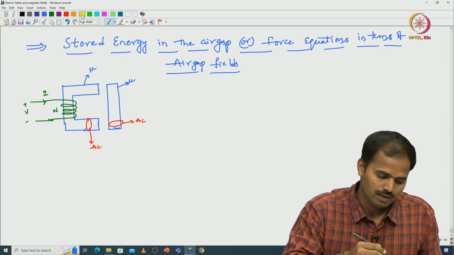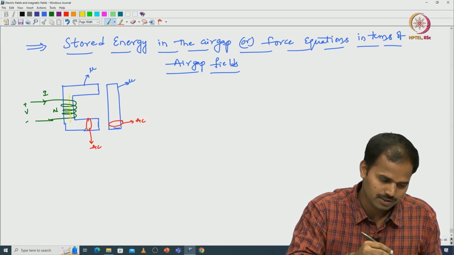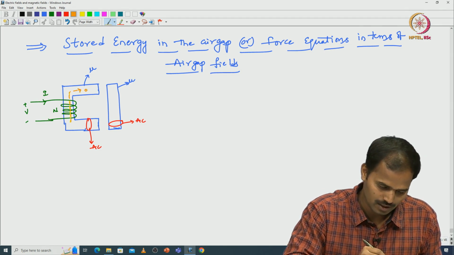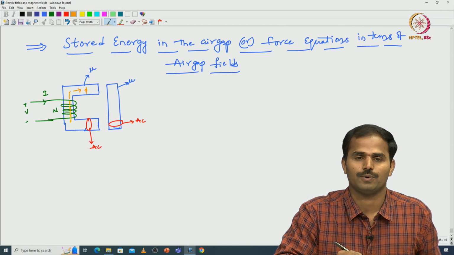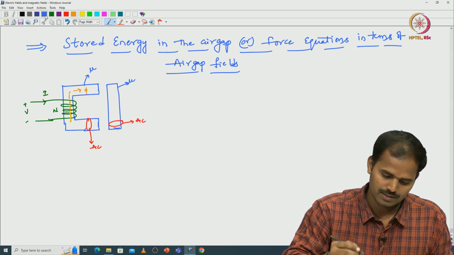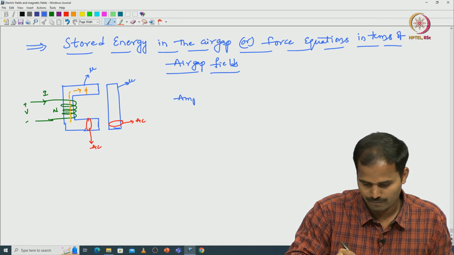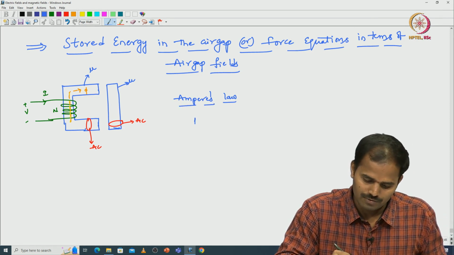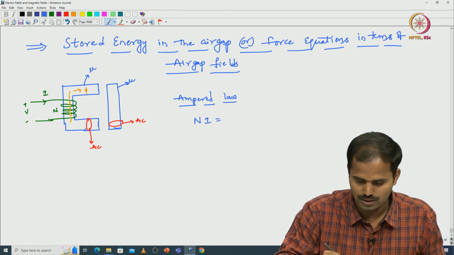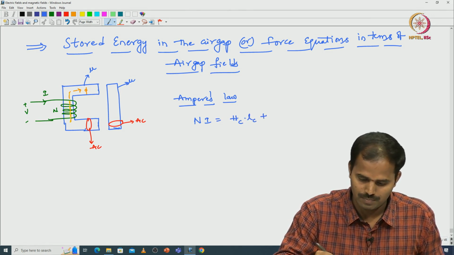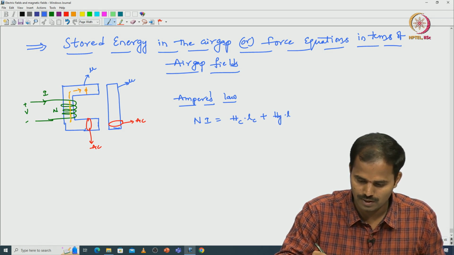As per the right-hand magnetic principles, we can see here the magnetic fields are in this direction. Now we will apply Ampere's law. The MMF N into I is equal to Hc into Lc plus Hg into Lg.